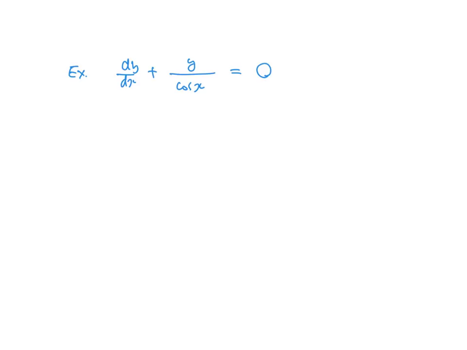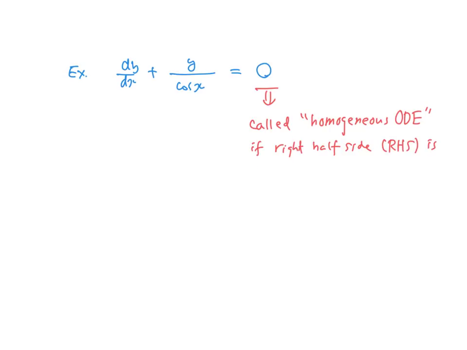If the right-hand side, called RHS, is 0, or sometimes null, that's probably the easiest case.